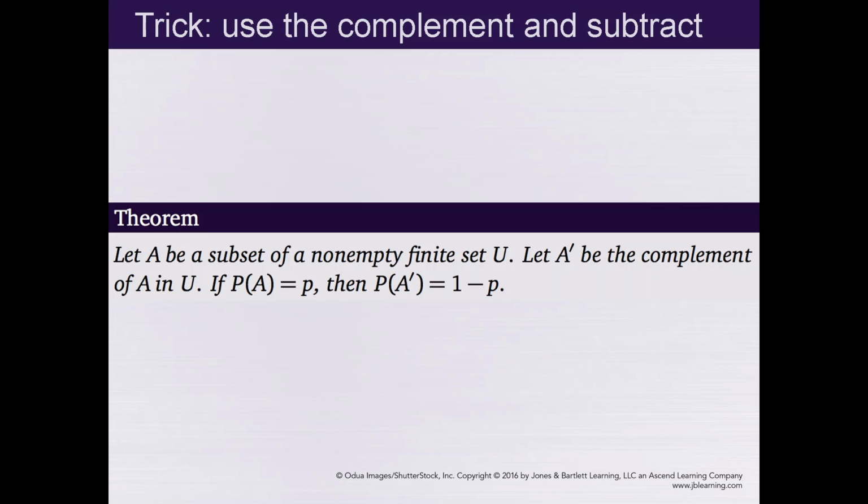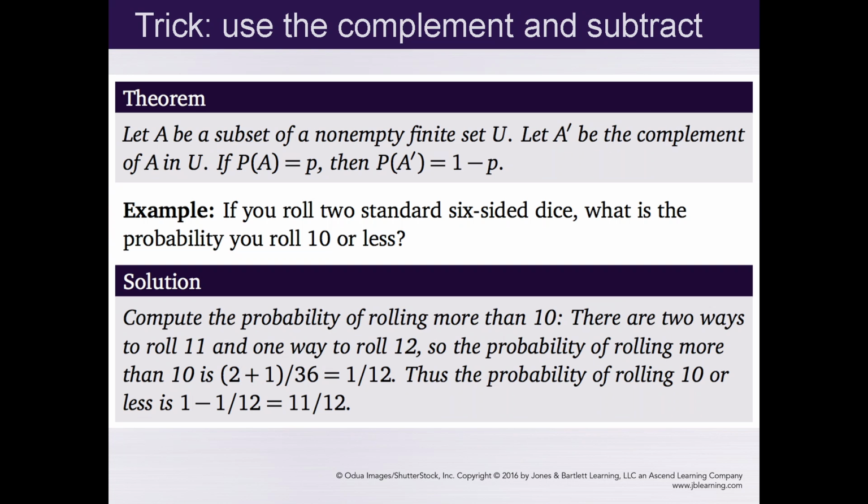Another trick with probability is that you can sometimes just take the probability of what you don't want to happen and then subtract that from 1, because 1 represents 100%, which is definitely going to happen. All the probabilities are always going to add up to 100%. So if you roll 2 standard 6-sided dice, what's the probability you roll 10 or less? Rolling a 10 would be disjoint. Here you would add rolling a 10, rolling a 9, rolling an 8 and so on, and add all those up.